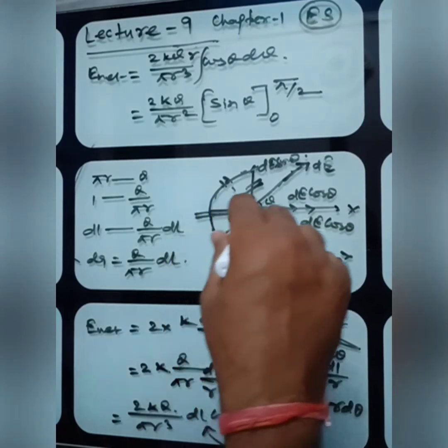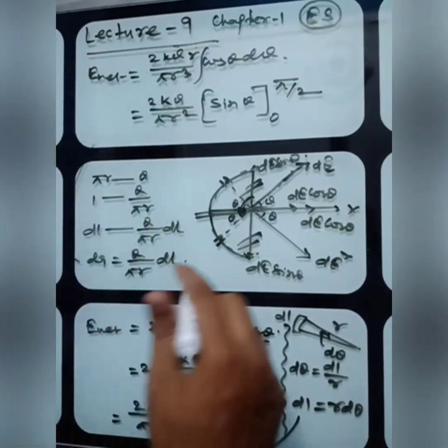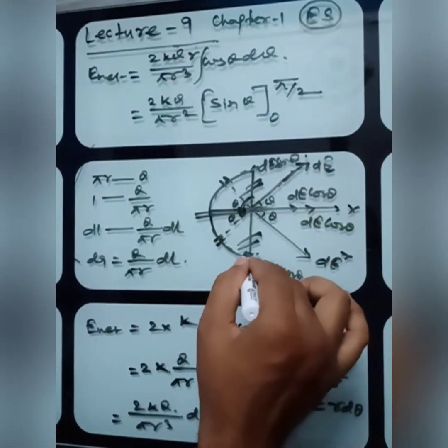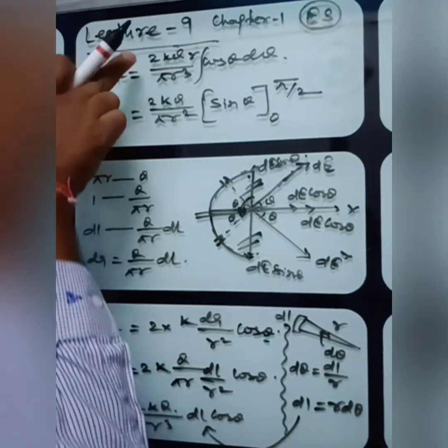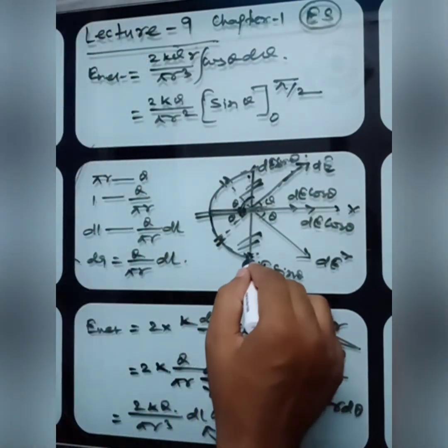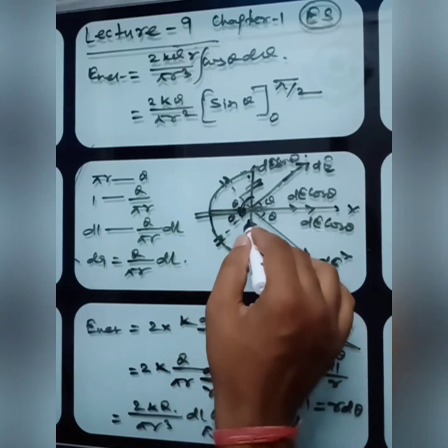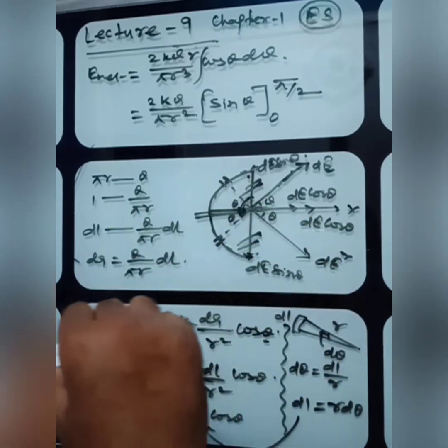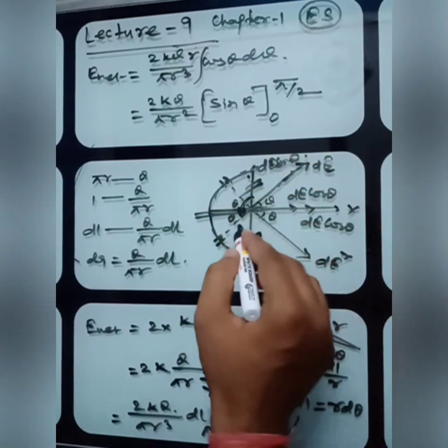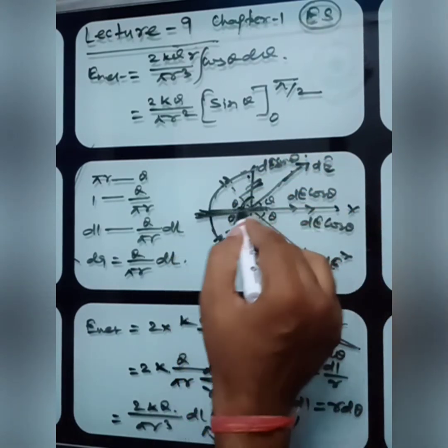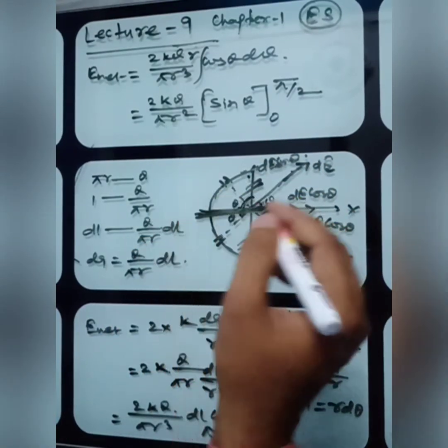Since we have taken already here the 2, we do not integrate from here to here. If you cancel out this 2, then you will integrate from minus pi by 2 to plus pi by 2, or from the angle you consider 0 to this one. Okay, so this is your reference, minus pi by 2 to plus pi by 2.